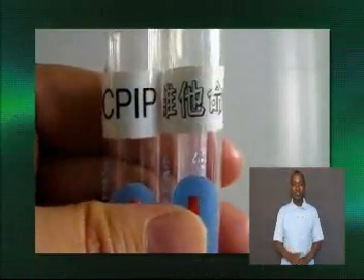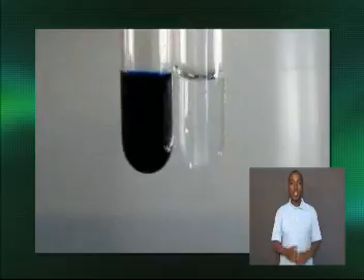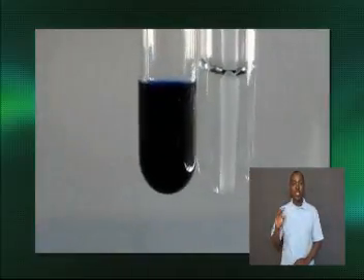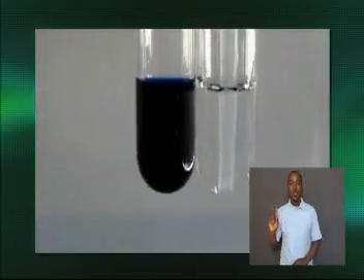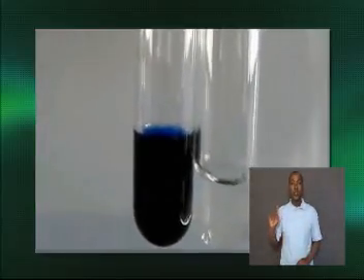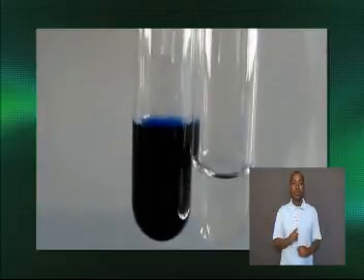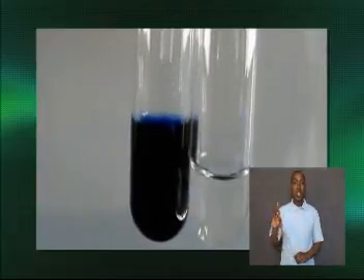There is a simple way to determine if a substance contains vitamin C using a DCPIP reagent. DCPIP is a blue chemical compound called dichlorophenolindophenol.